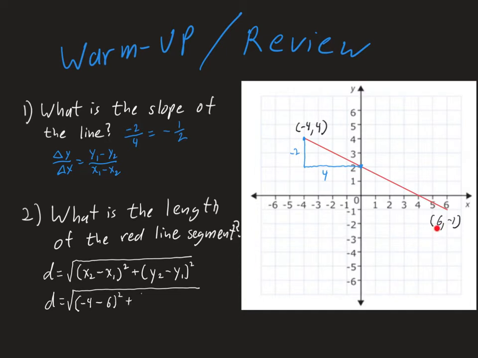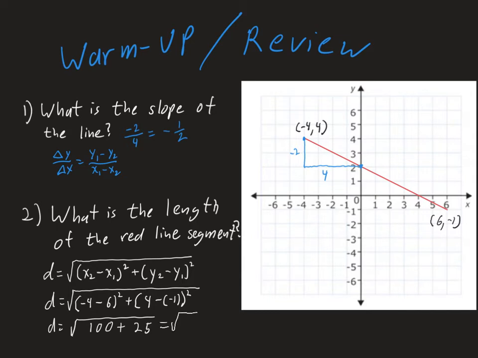I'll square that and add that to the y value, 4 minus negative 1, and square that. Well, negative 4 minus 6 is negative 10, and that squared will end up being 100. Then this part here, 4 minus negative 1 is 5. 5 squared is 25.